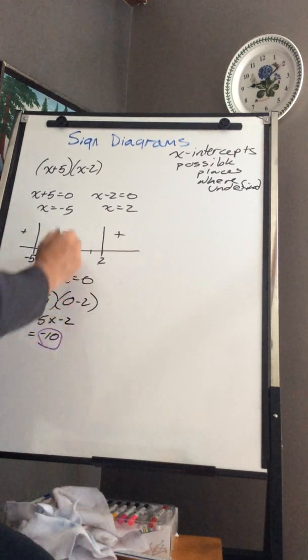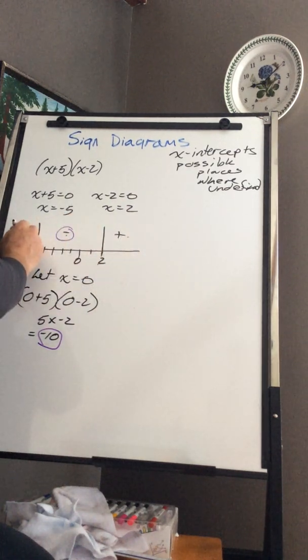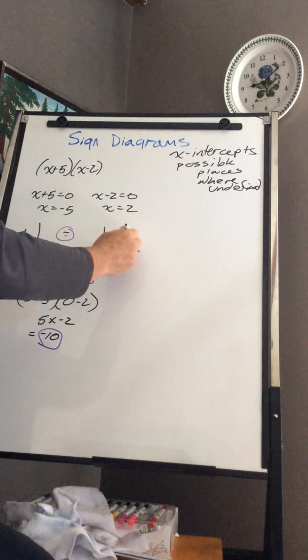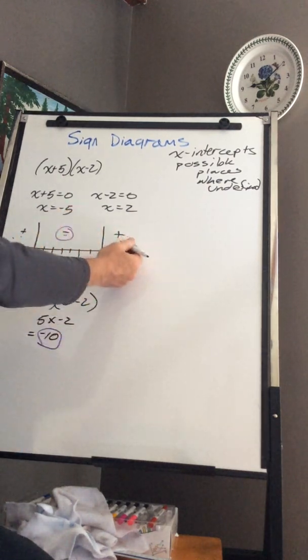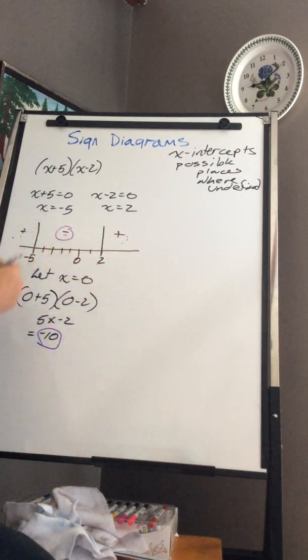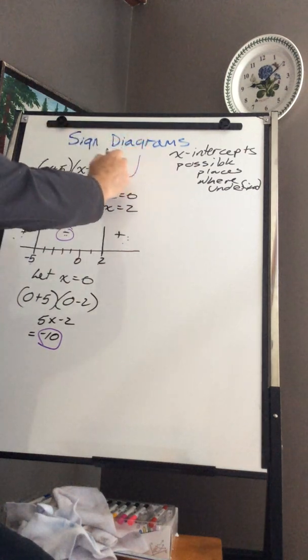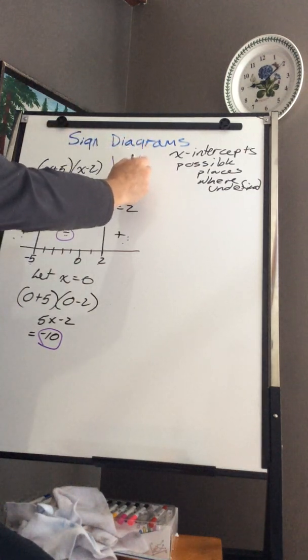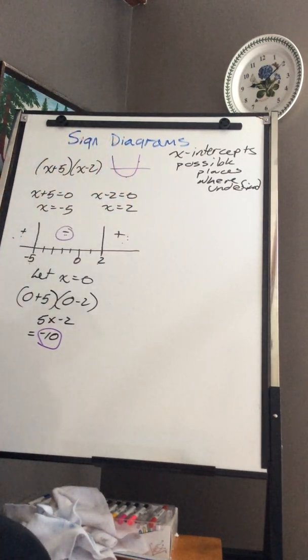Negative 10, so that's negative. And I'm going to get the opposite sign over here, the opposite sign over here. So if it's negative here, it's positive here, and positive here. If I had done this point and found out it was positive, then I would add a sign change and sign change. Now, if you think about it, it's a parabola doing this, crossing the x-axis. It's positive. The values for y are going to be negative, and then they're going to be positive again.